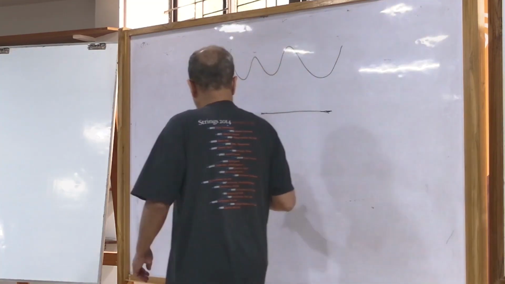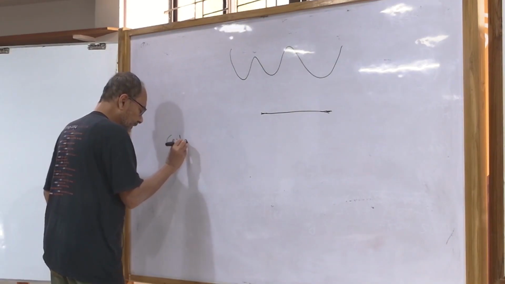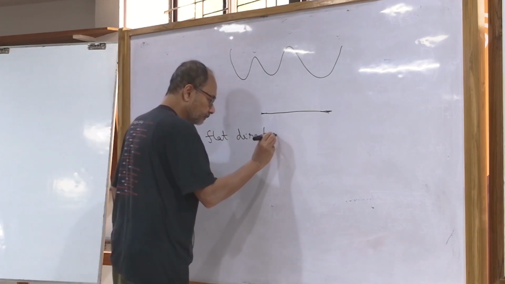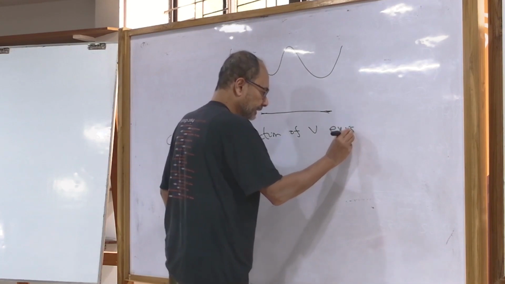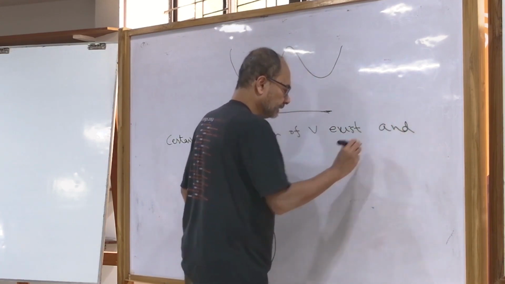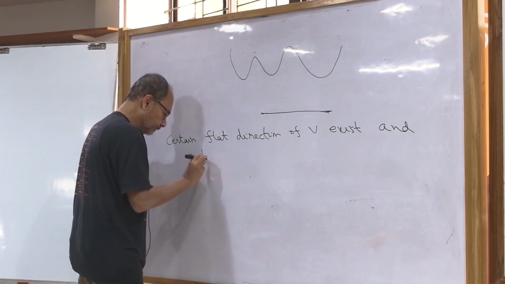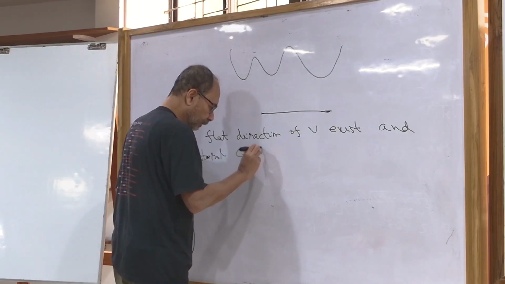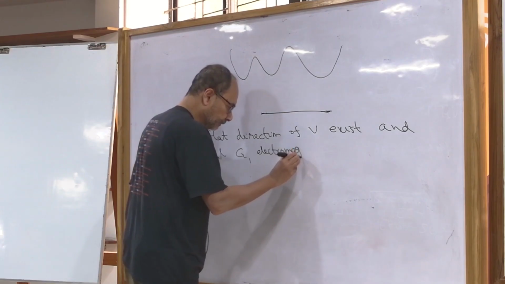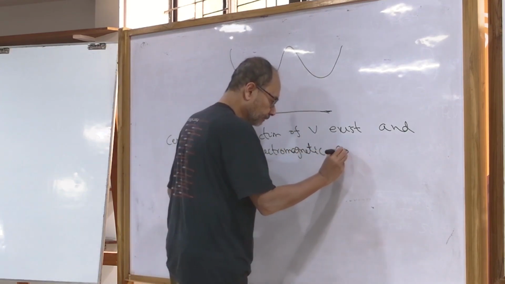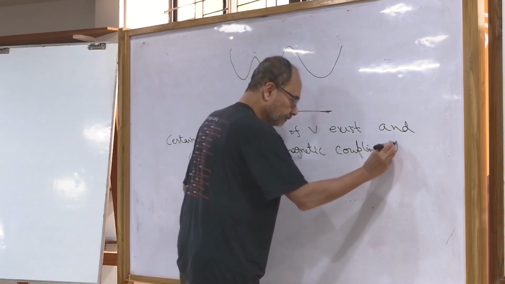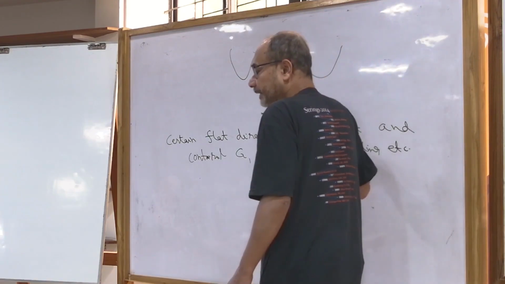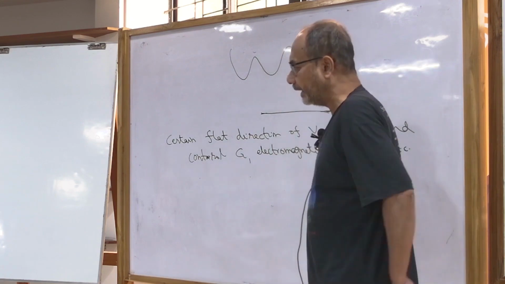So, these moduli, certain flat directions of V, exist and control G, electromagnetic coupling, etc. So, by adjusting those, we can make G large, small, electromagnetic coupling large, small, and so on.